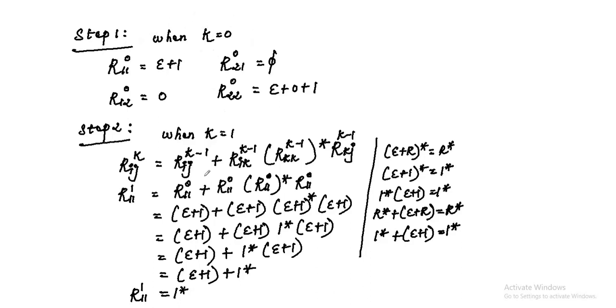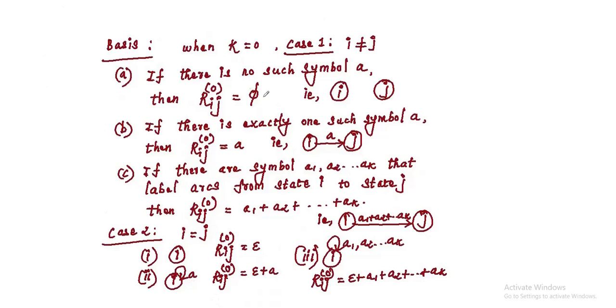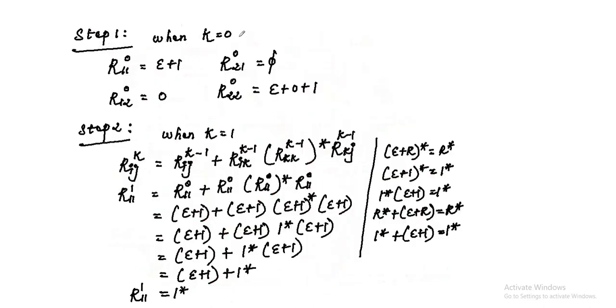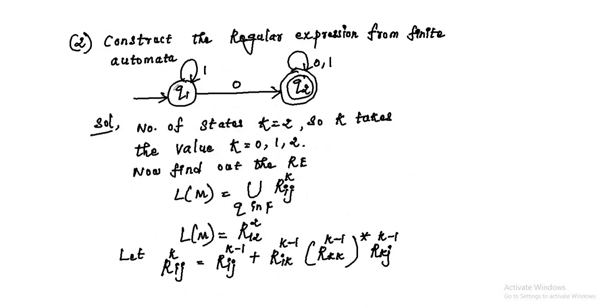When k value is 0, we need to follow the basic rules. Because there are two cases, we already seen these rules. Now, when k equal to 0, using the transition diagram, take the combination R11, R12, R21, R22.